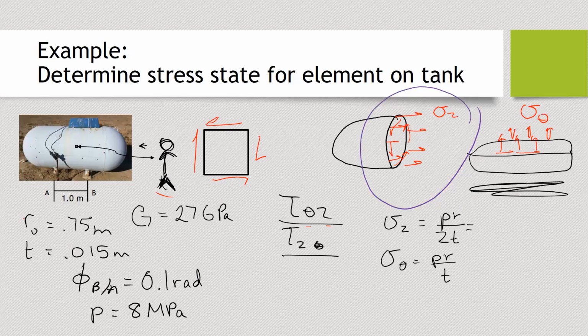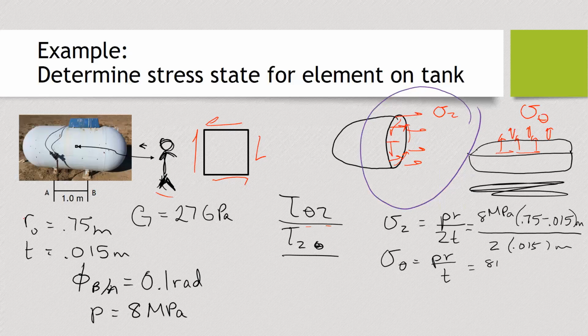So we have all these values we can plug in. We have 8 megapascals times the radius, which is 0.75 minus 0.015. Why am I subtracting? Right, we want the inner radius. Now mathematically you're going to see it's very little difference, but technically speaking we want the inside radius. Divide by 2 times 0.015.